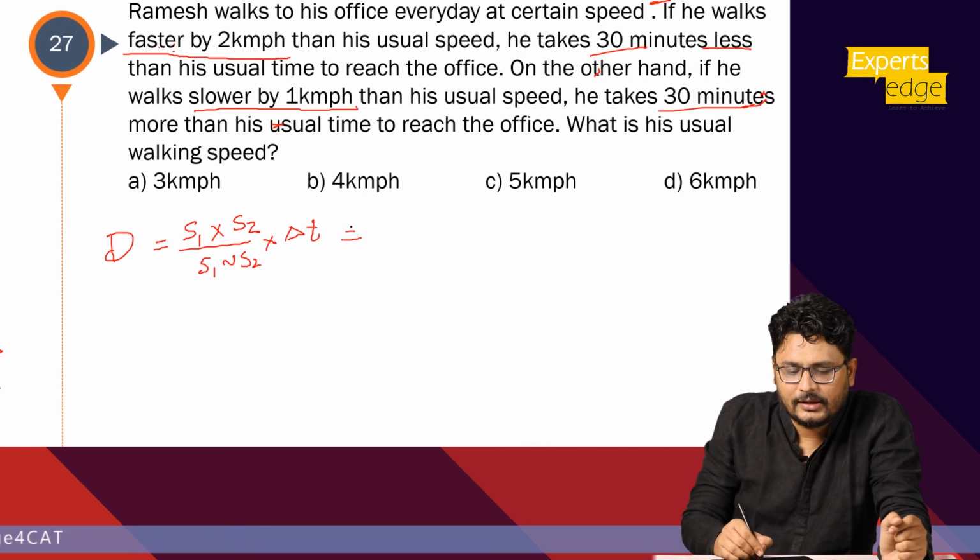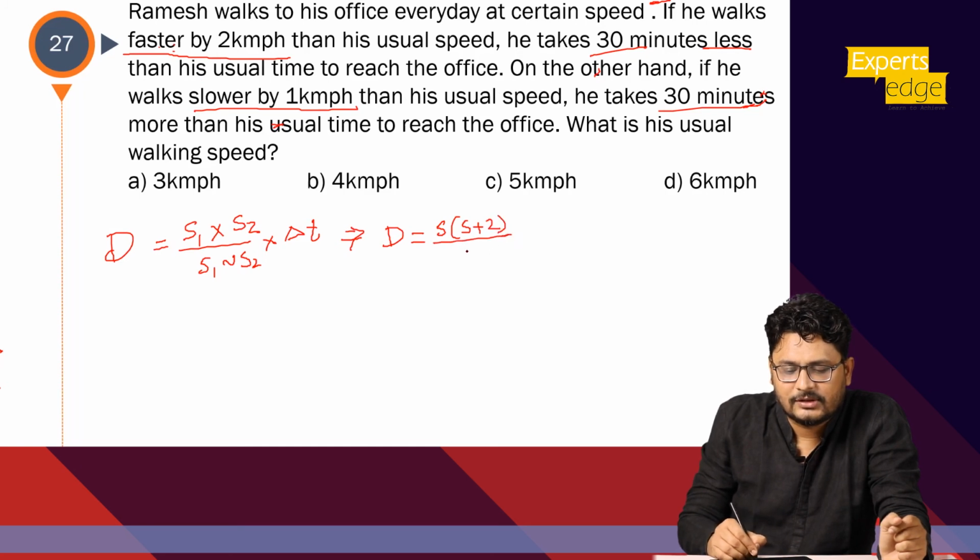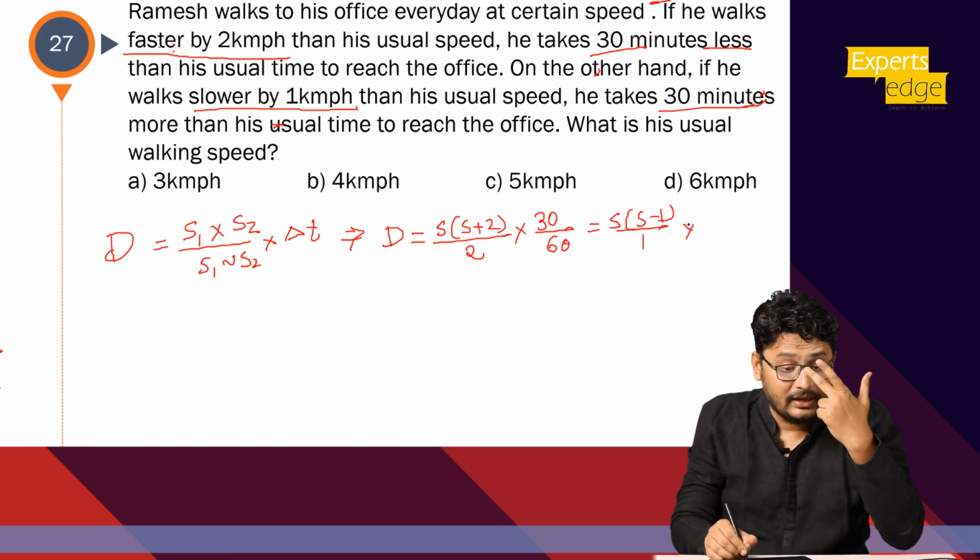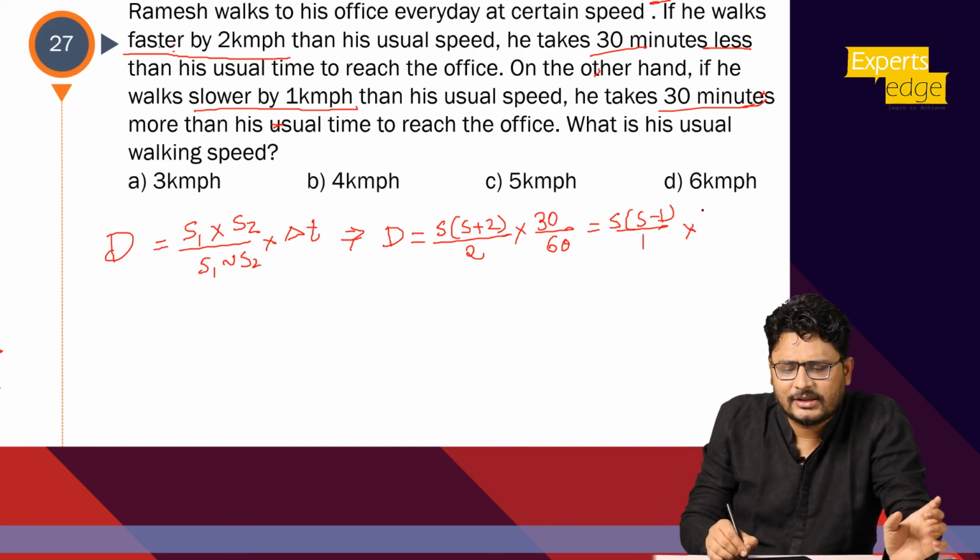So if I apply it here, distance in the first case speed is increased by 2, so s plus 2, so difference is obviously 2. In this case it is 30 minutes divided by 60. Second case is speed is decreasing by 1, s minus 1 divided by 1. He takes 30 minutes more. More indicates nothing but the difference only.